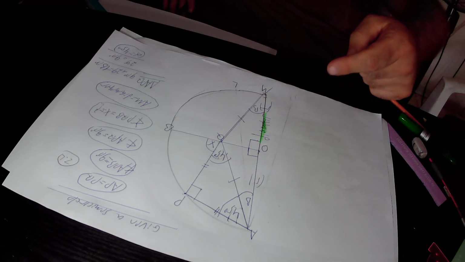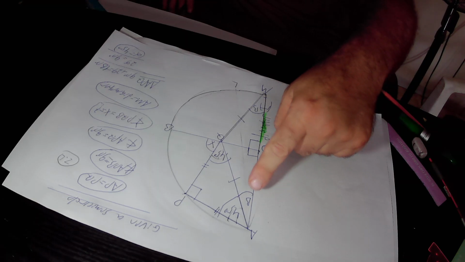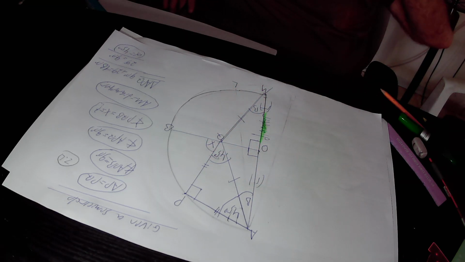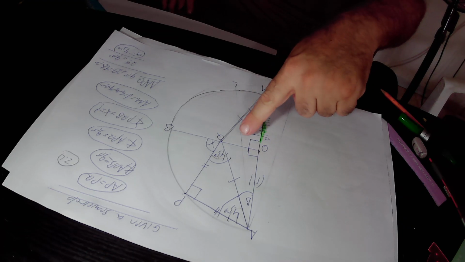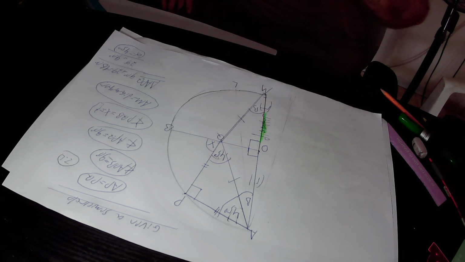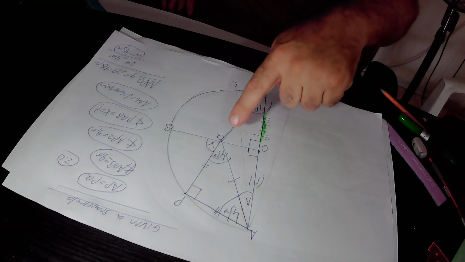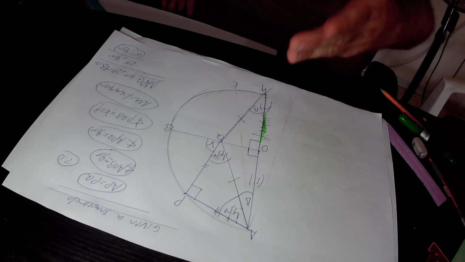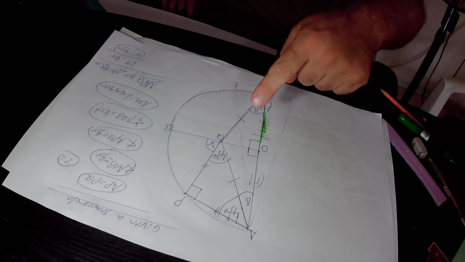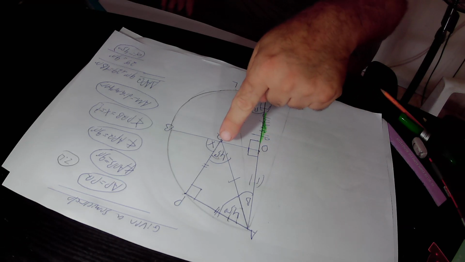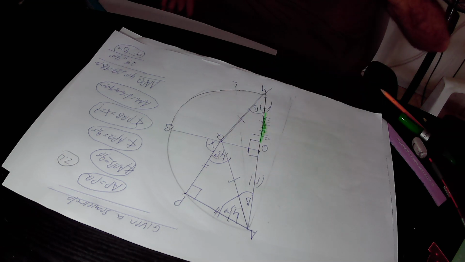And according to rule 8, the size of the exterior angle AQP is equal to the sum of the two interior angles that are not adjacent to it. This is angle AQM that is definitely adjacent to angle AQP. The two other angles that are not adjacent to angle AQP are those two angles. So according to rule 8, the size of the exterior angle AQP is equal to beta plus beta.